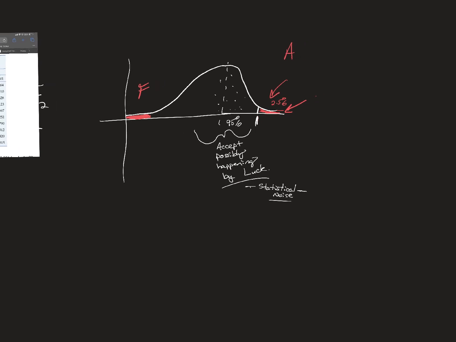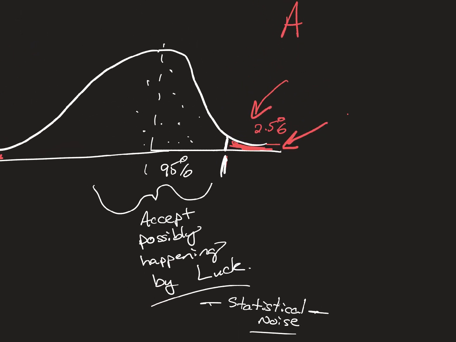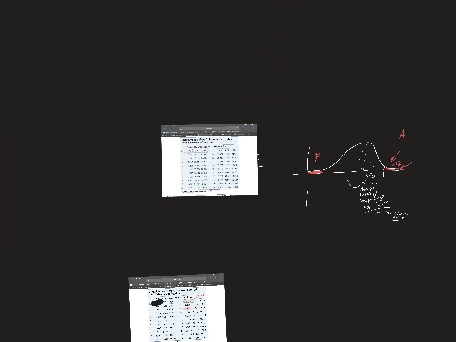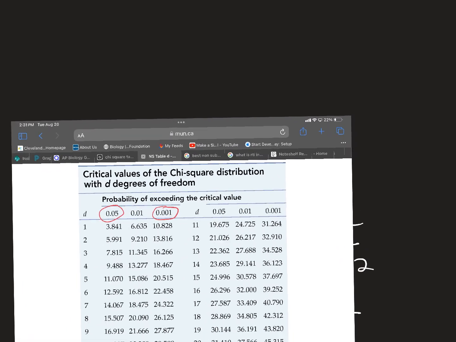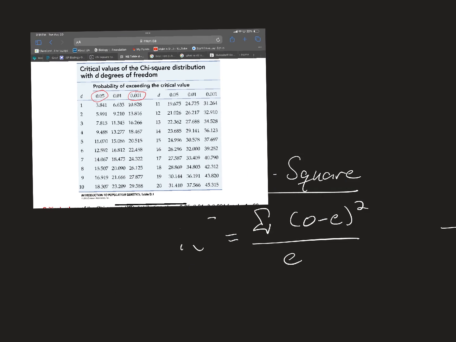But in any case, the point is, when we look at this chi-square, we're going to compare to the critical value. If we're looking at 0.05 with 1 degree of freedom, what would our critical value be? 3.84.